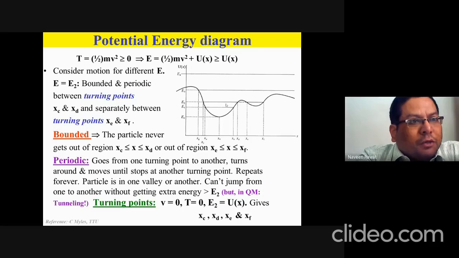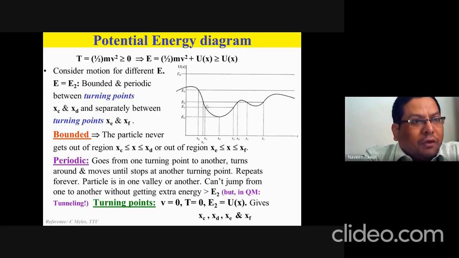All these possibilities do not necessarily represent the same thing, so we have to be very careful in how we understand the motion of the particle depending on where its position is in this energy function.